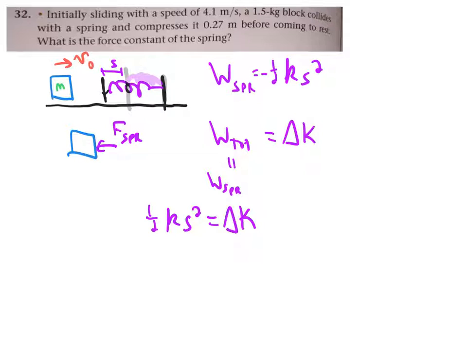We assume that when they say it compresses it 0.27 meters before coming to rest, we know that at the end the kinetic energy is 0, and at the start the kinetic energy was 1/2 m v0 squared. And we have that minus sign because we're doing negative work.